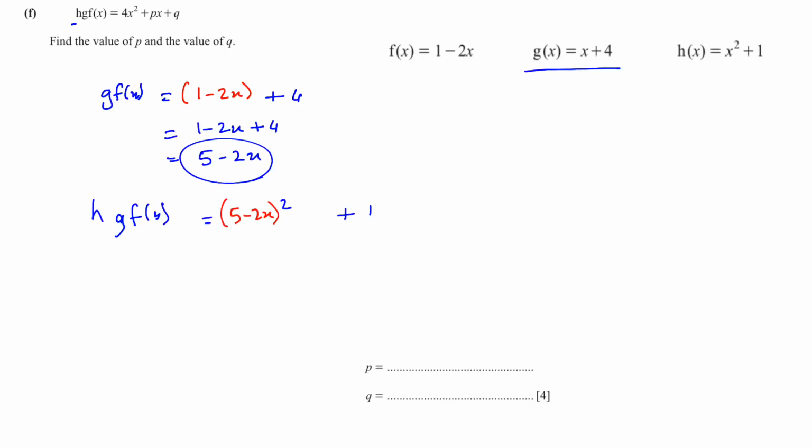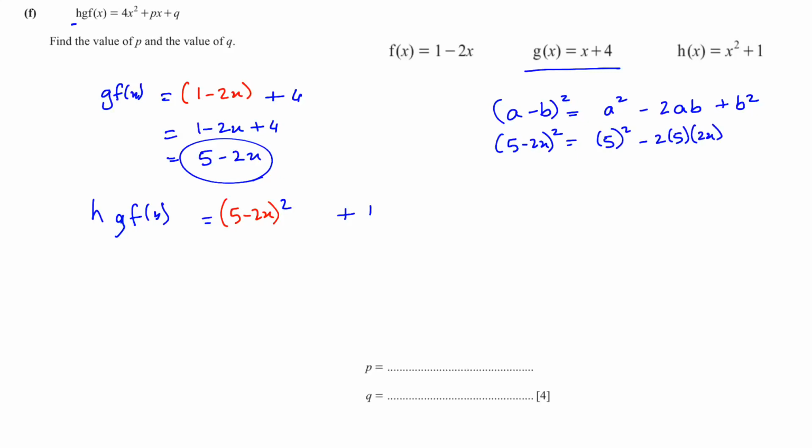And now we have to expand the bracket. How do we expand the bracket? If you have a minus b squared, the identity is a squared minus 2ab plus b squared. So we have 5 minus 2x squared. So our a is 5 and b is 2x. We don't put the negative, we have already written it.